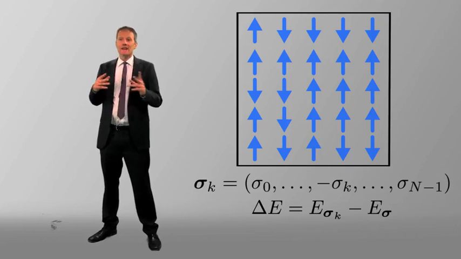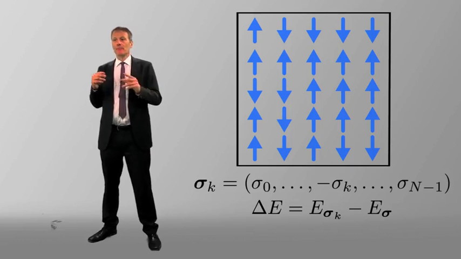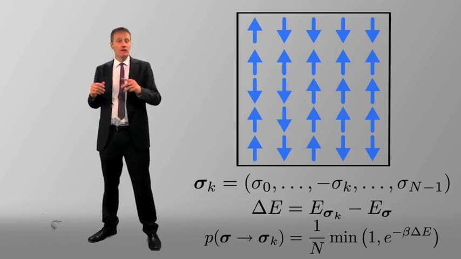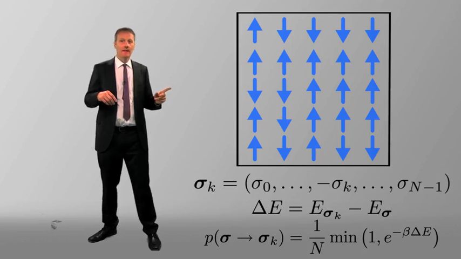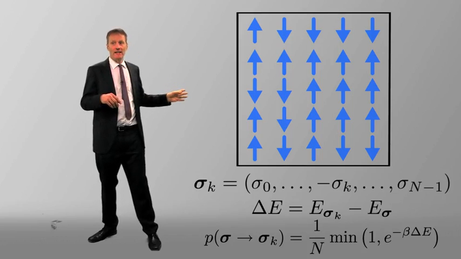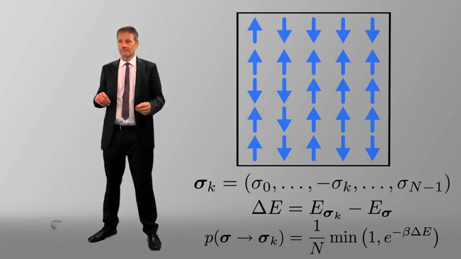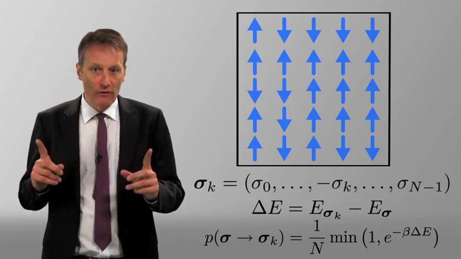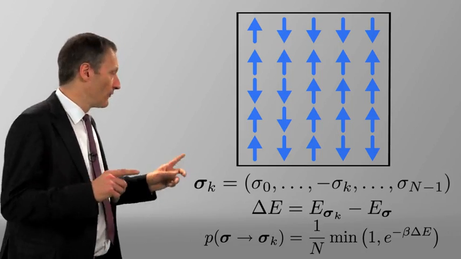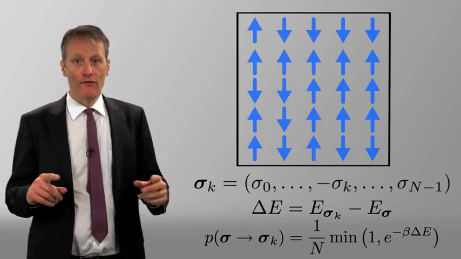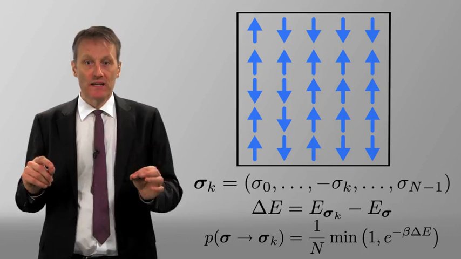In the Metropolis algorithm, the probability to go from sigma to sigma_k is given by 1 over N times the minimum of 1 and exponential of minus delta E. The 1 over N stands for the probability of sampling the spin number k.